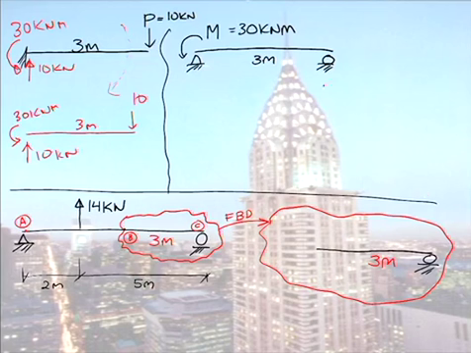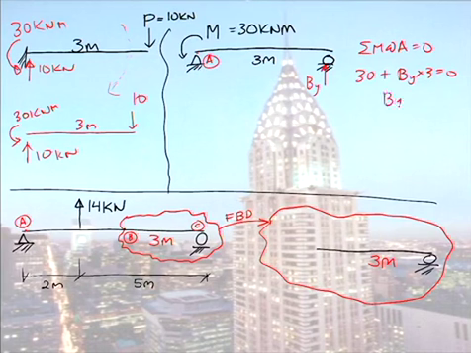Now moving on to my second diagram, I have a pin and a roller, and my loading this time is a 30 kilonewton metre moment. So if I call that end A, taking moments at A, I have 30 anti-clockwise, and if I call this force here BY, plus BY times 3 equals 0, so BY is equal to minus 10 kilonewtons.